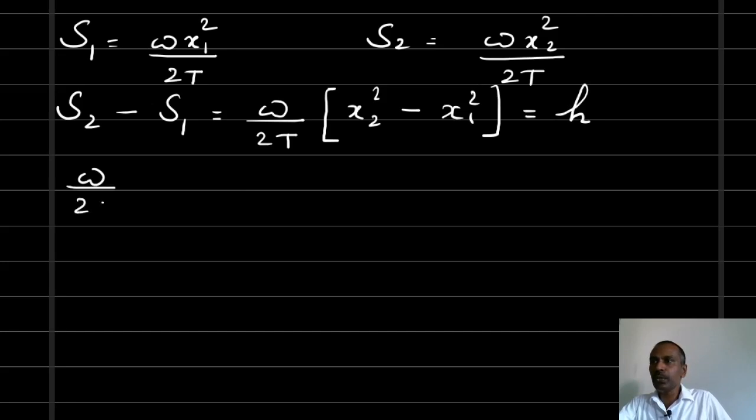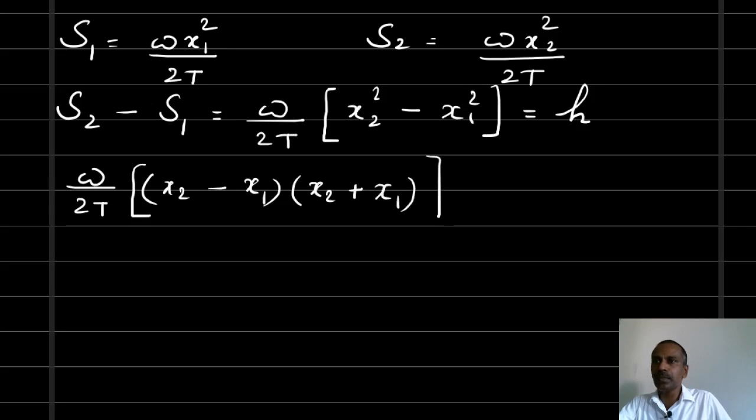Or W by 2T into, this is in the form of a square minus b square, which is equal to a minus b into a plus b. Here it is x2 minus x1 into x2 plus x1, which is equal to h. As you know, x1 plus x2 is equal to L, the distance between the two towers.